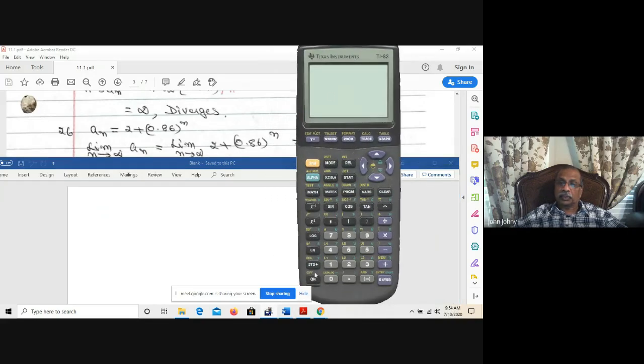So you look at the graph of the function 0.86 to the power of x.